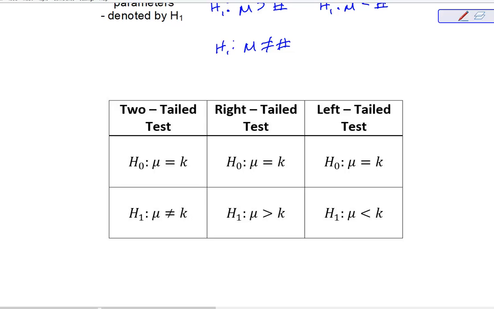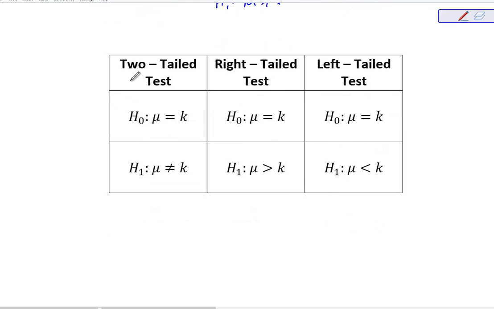So when we go to draw our picture, our standard normal curve, which we will do in all of these, for a two-tailed test, of course, we will have two tails shaded in because it's not equal to. This is the part that would be considered the null hypothesis area, and the tails are the alternative hypothesis area.